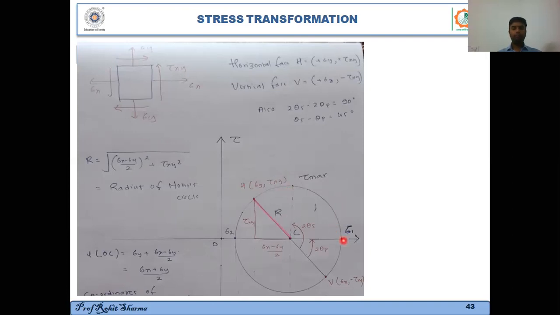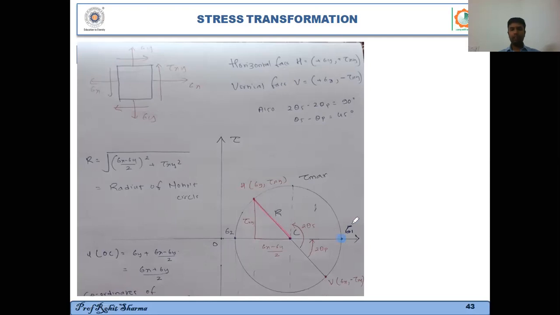And if you consider this point, at this point, the value of normal stress is maximum, and the value of shear stress is 0. So this represents your principal stress or the maximum normal stress, right?